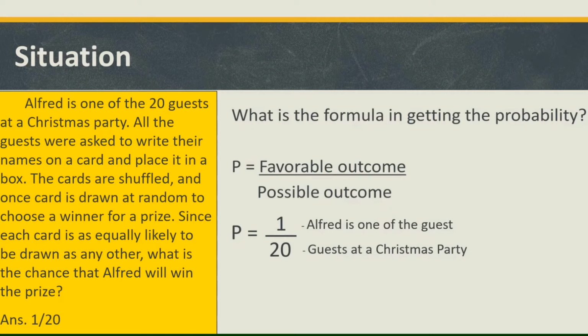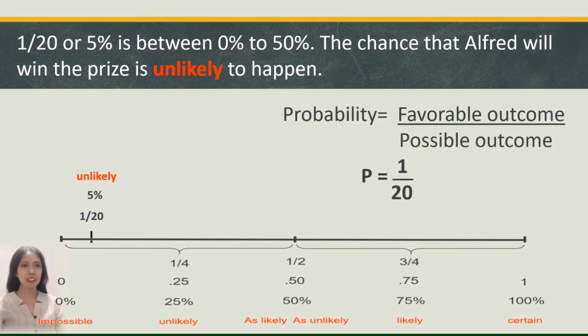So the probability that Alfred will win the prize in fraction is 1/20. 1/20 or 5% is between 0% to 50%. The chance that Alfred will win the prize is unlikely to happen.